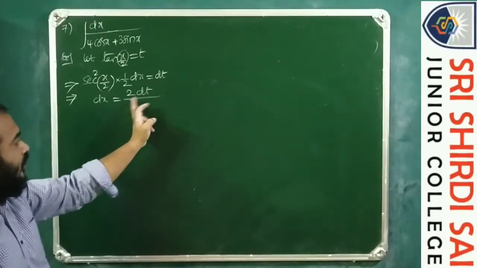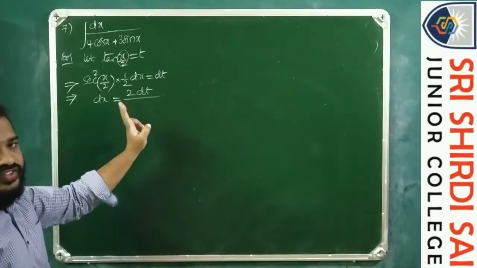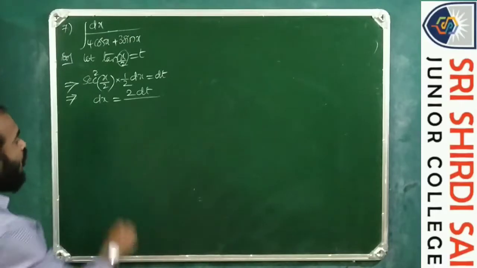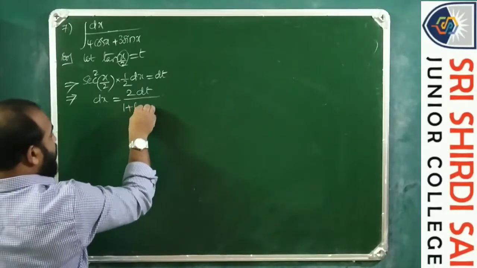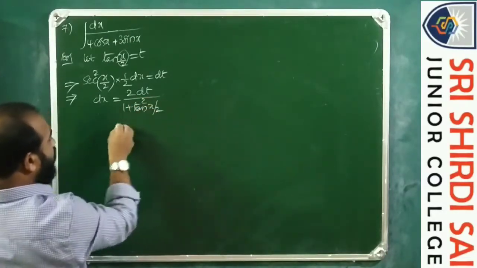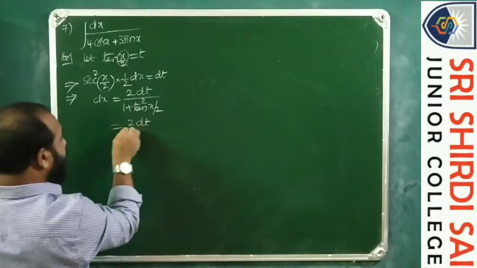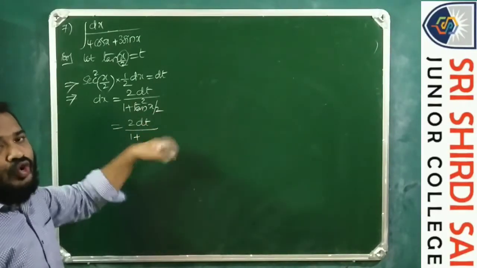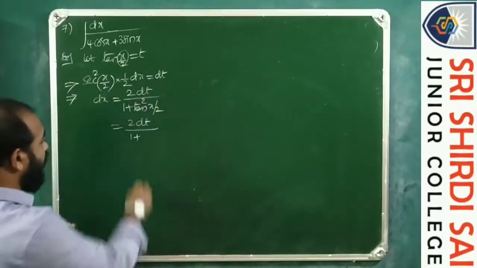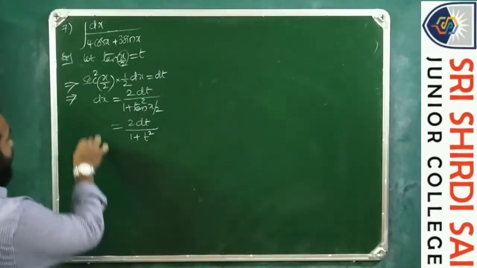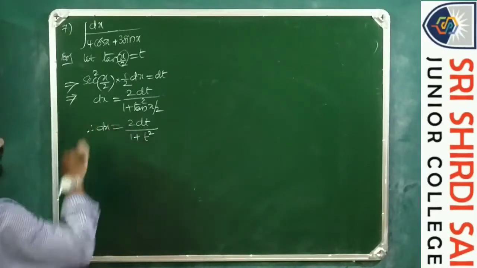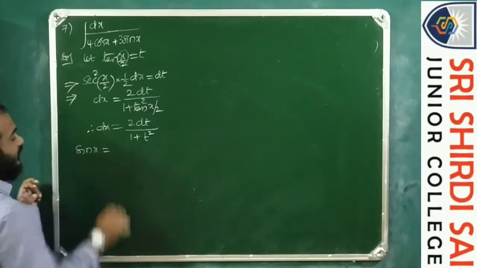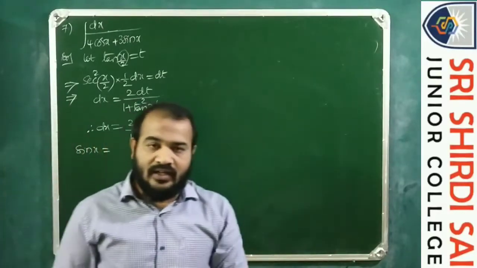So secant square x by 2 minus tan square x by 2 is 1. Secant square x by 2 is equals to 1 plus tan square x by 2. So 2 dt by 1 plus tan square x by 2, and tan x by 2 is t. So 2 dt by 1 plus t square. Therefore this is dx.